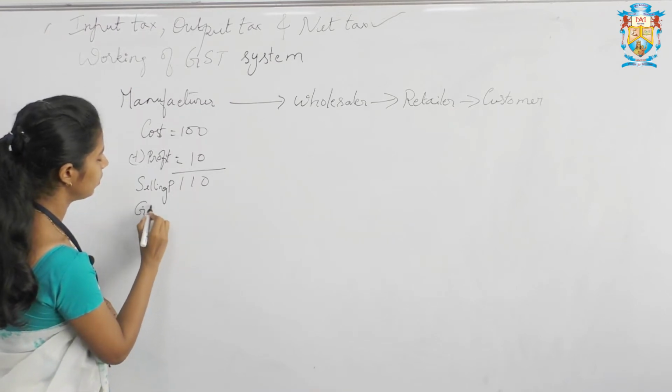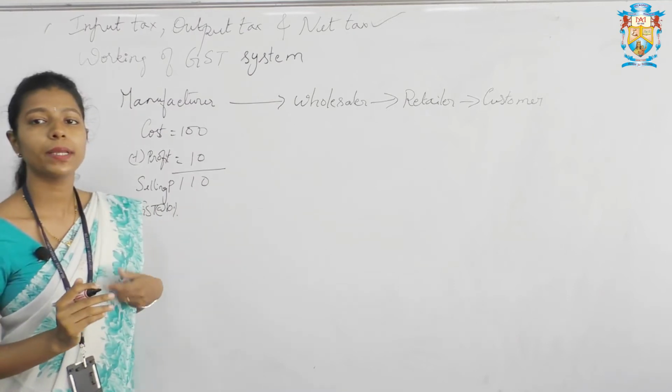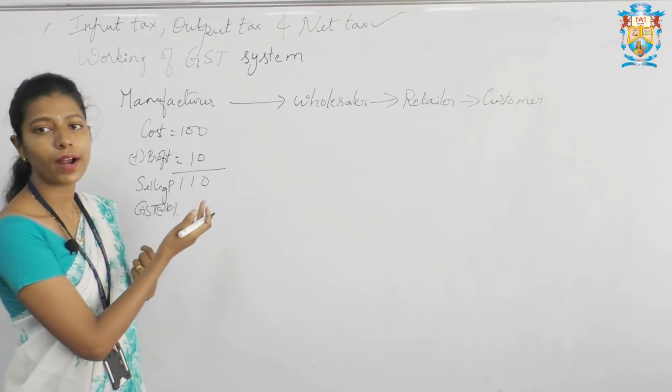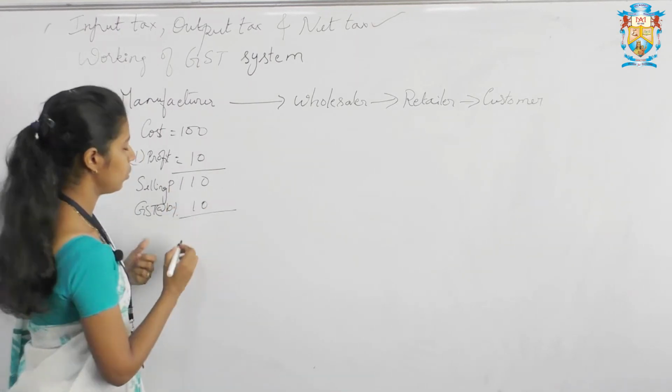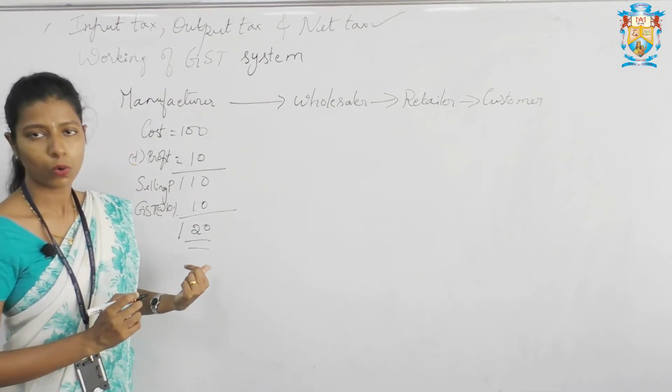Now he is going to impose GST. Say the product GST rate is 10%. So 10% of 110 is rupees 10. So the total value is rupees 120.